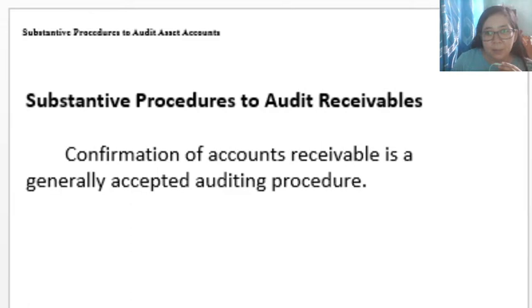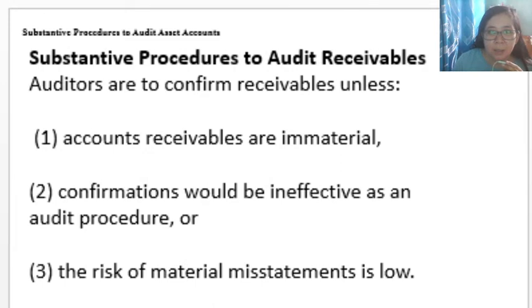Confirmation of accounts receivable is considered to be a generally accepted auditing procedure. That is why this is included in the list of the substantive procedures to audit our receivable account. The auditor is to confirm receivables unless, and these are the instances where the auditor may not confirm the balances of the accounts receivable: first, if the accounts receivable balance is immaterial.